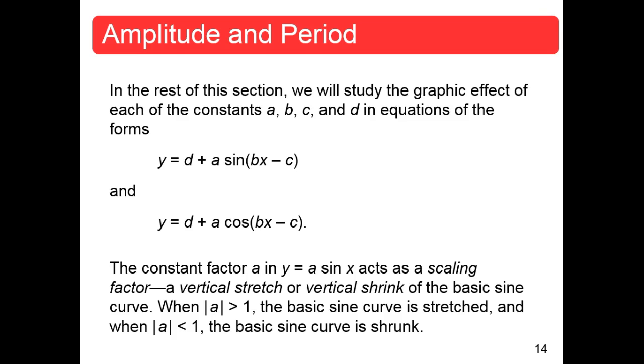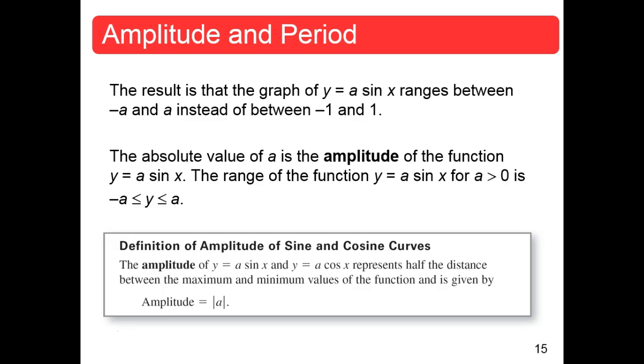So when the absolute value of A is greater than 1, that's a stretch, and when the absolute value of A is less than 1, it's a shrink, okay? Not a psychologist, but okay. The basic sine curve is shrunk. So its amplitude, or the max min, gets stretched or reduced. Okay. Make sense? All right.